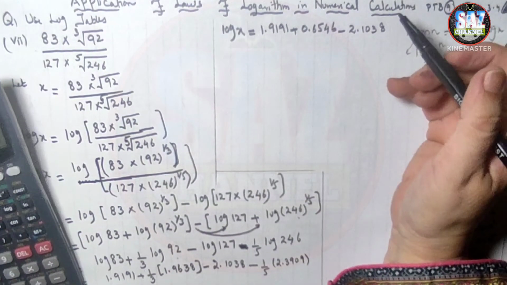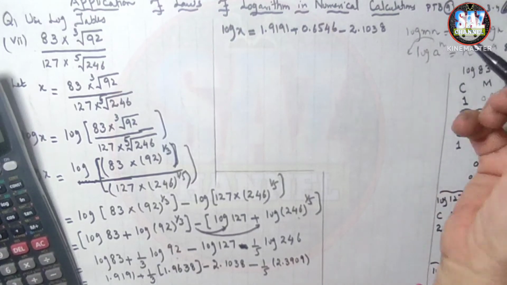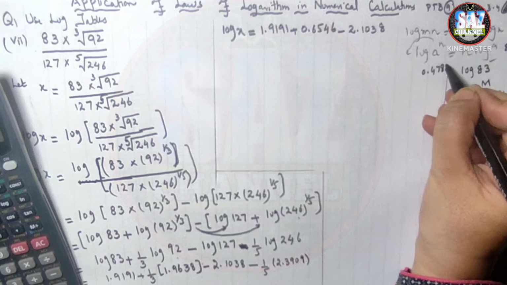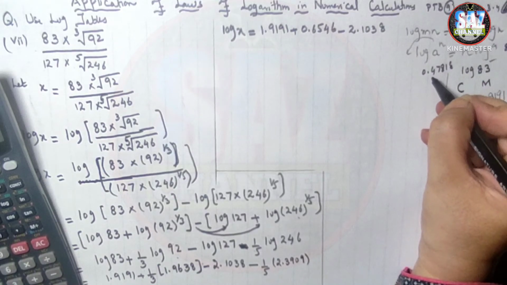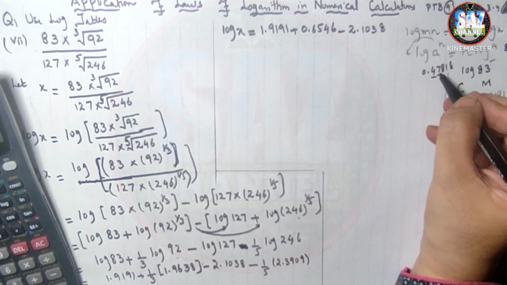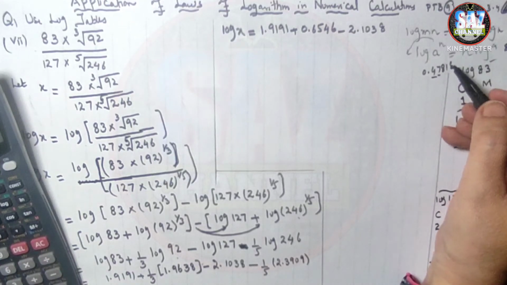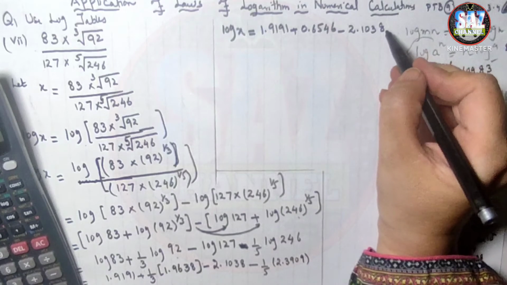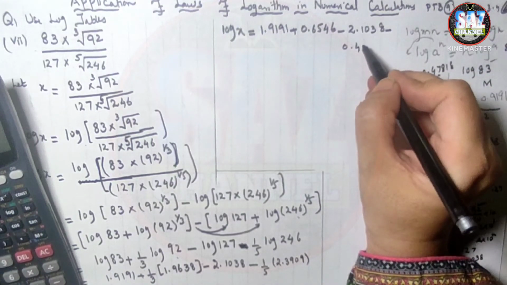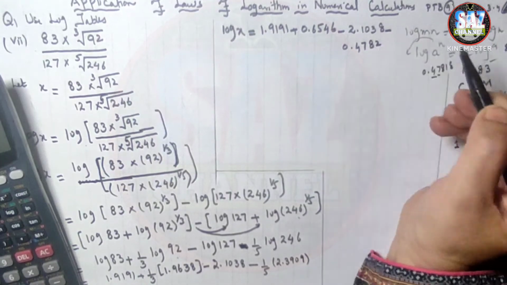Let me write down the calculation somewhere. This is giving me 0.47818, and as we need 4 digits, this can become 0.4782, minus 0.4782.